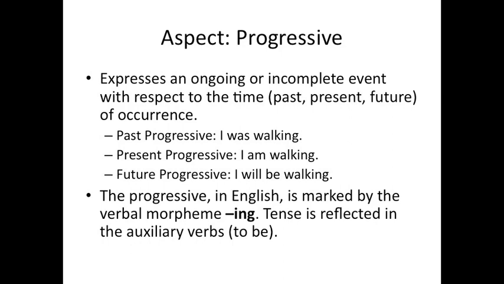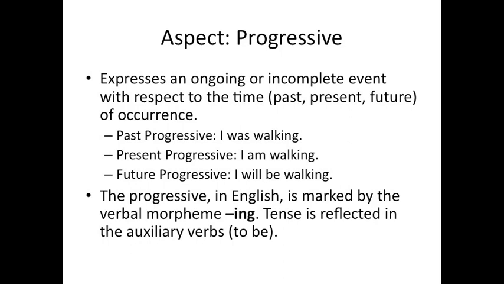So just like with the perfect aspect, you're going to refer to the auxiliary to find out what the tense is, and then the -ing morpheme is telling you that it's progressive, meaning that it's ongoing and it's an incomplete event. So "walking" kind of conveys this ongoing event. I was walking. So in "I was walking," "was" is telling you that it's past, and the -ing on "walking" is telling you that it's progressive, it's ongoing.